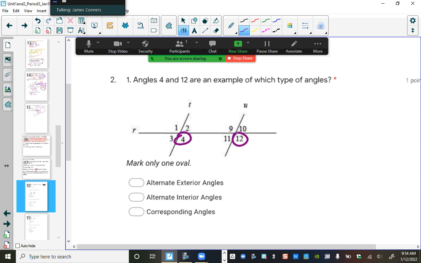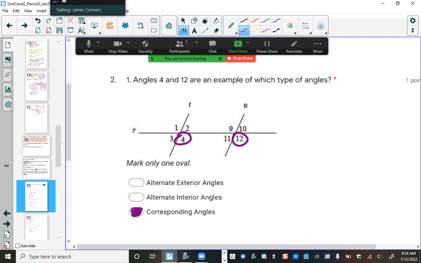So 4 and 12, that's where the angles are located. Who remembers, when we look at the intersection, they're in the same spot. 4's in that bottom right corner, 12's in that bottom right corner. So what type of angles would we have in this case? Corresponding, very good, Alex. We're going to be talking about these types of relationships, such as corresponding angles.